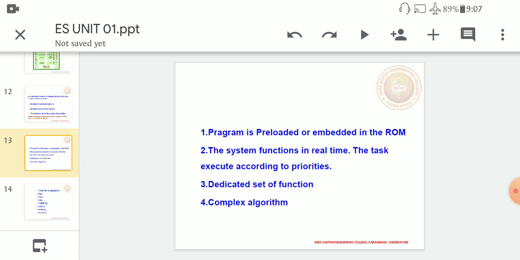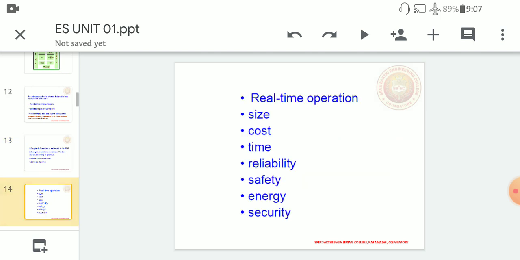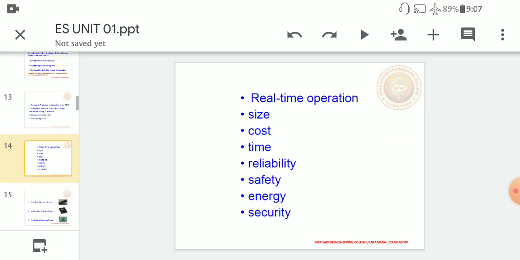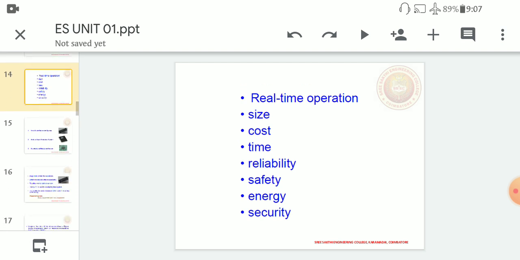The program is preloaded, the system function is a real task, a dedicated function, and is used for complex algorithms. For selecting an algorithm or an embedded system, we consider certain factors. It is shown here: real time, size, cost, time, reliability, safety, energy, and security.